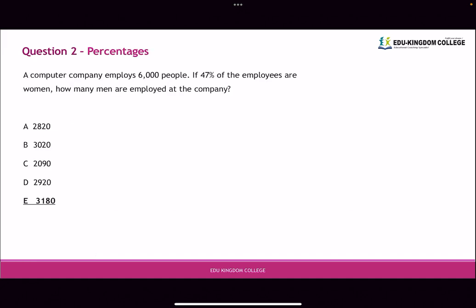Now, question 2. We have a company with 6,000 employees, 47% are female, which means that 53% are male. So let's break this up into 50% and 3% to make it easier to calculate. 50%, you should be able to do this mentally, is 3,000.